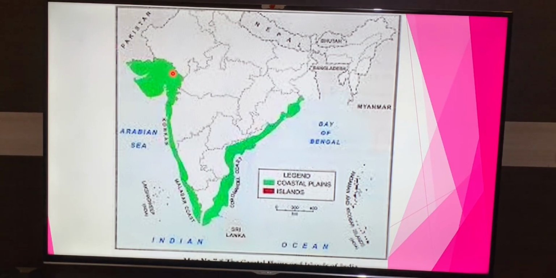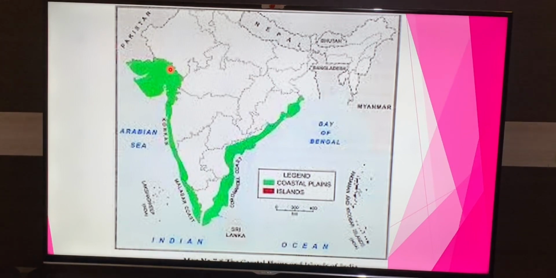See the map carefully, children. The west side of India is called Western Ghats. The eastern side is Eastern Ghats. The green color you see on the east side is Eastern Ghats, and the green you see towards the west side is called Western Ghats.